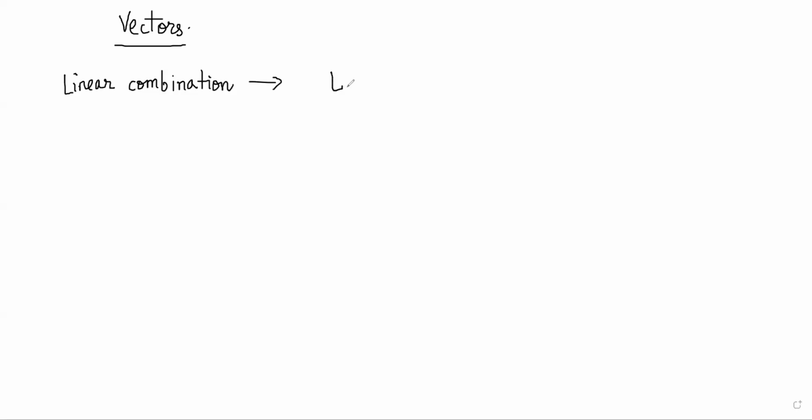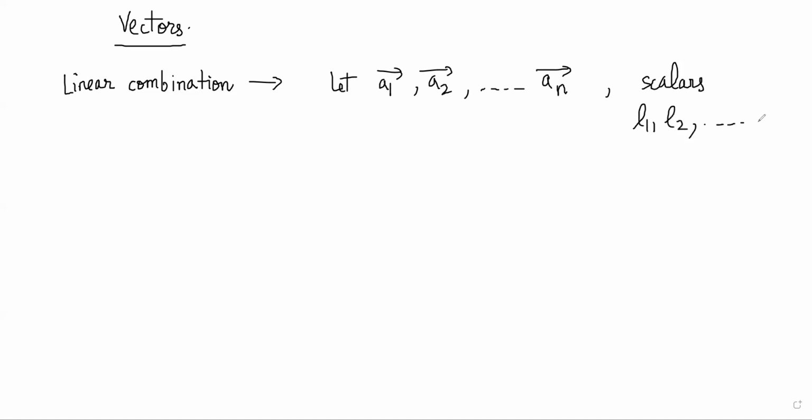So let's say we have vectors a1, a2 till an. These are vectors, and we have scalars L1, L2 to Ln, right?